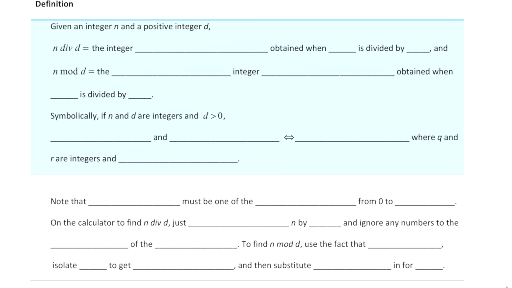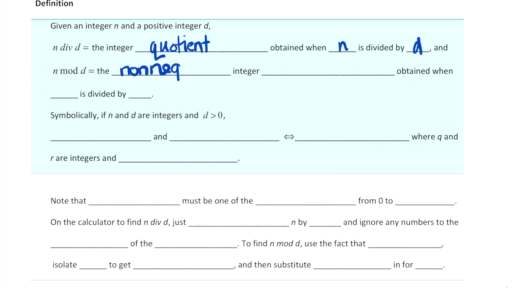N div d is equal to the integer quotient obtained when n is divided by d, and n mod d is the non-negative, so that means it can be positive or 0, integer remainder obtained when n is divided by d.